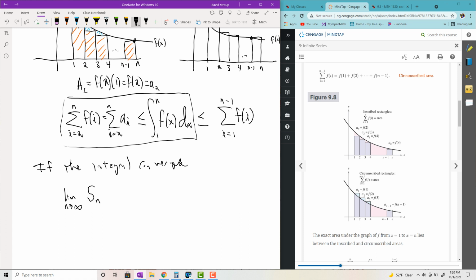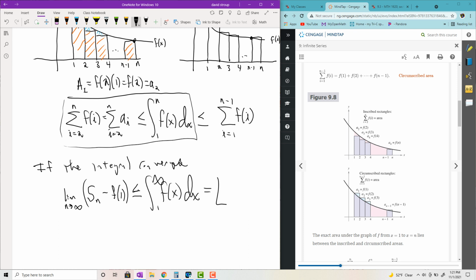I mean, technically it's s sub n minus the first term, right? So it starts at i equals 2, so you have to subtract away f of 1. But it's not going to affect our analysis here. And then this will be less than or equal to that integral from 1 to infinity of f of x dx, which we're saying is equal to some number, right?